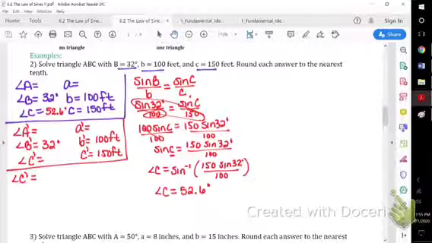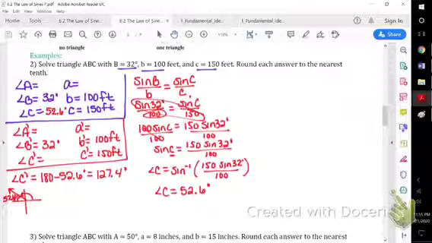So we're going to use that 52.6 degrees as a reference angle. So that means that this quadrant 2 angle right here has a reference angle of 52.6 degrees. So we're going to take 180 minus that 52.6 degrees, and that's going to give us our angle C prime here, the angle C of the second triangle. And so we end up with 127.4 degrees.